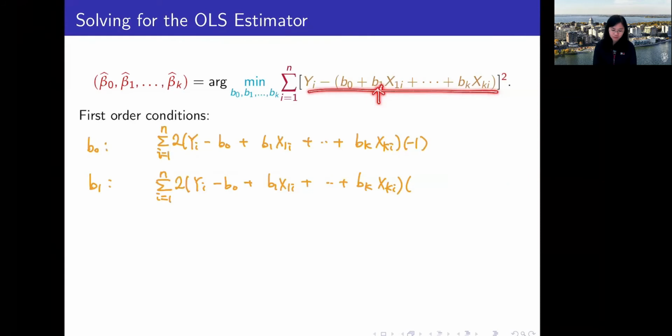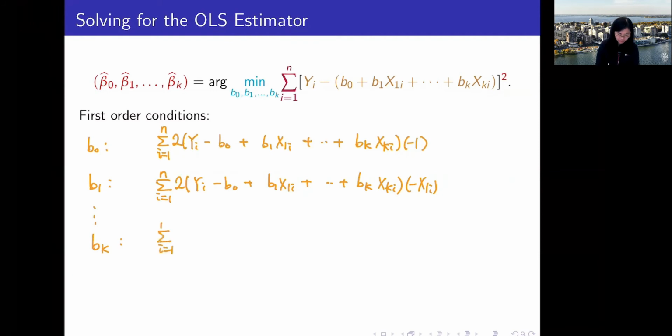The coefficient on b1 is minus x1i. So that's the derivative of the least squares criterion function with respect to b1. And we can keep doing that until we're at the last unknown parameter.